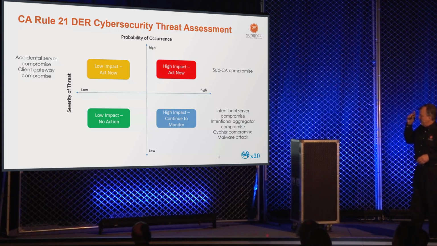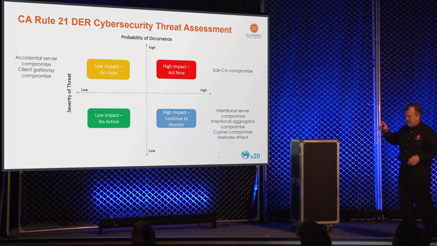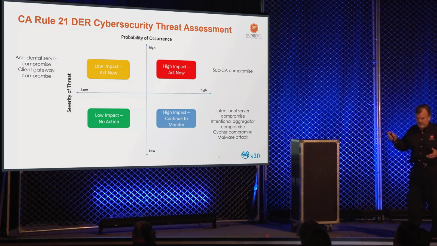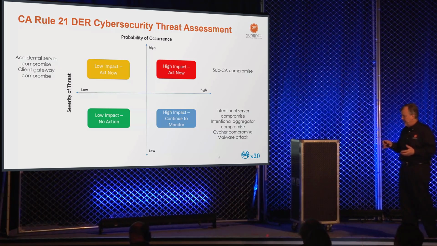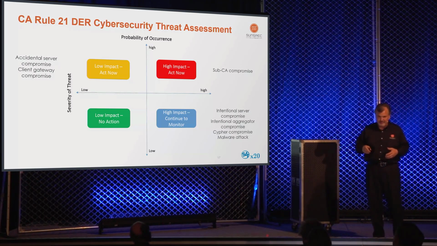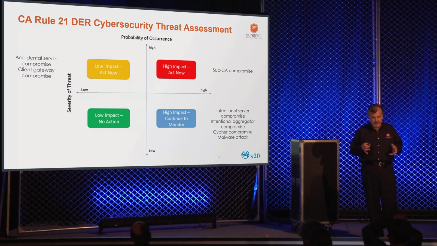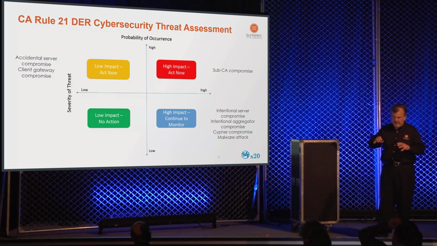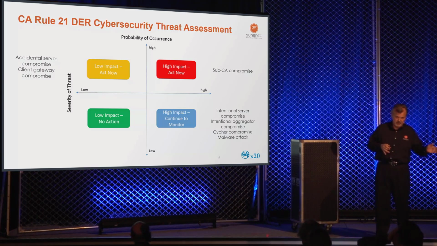On the other hand, we have things that are a high probability of occurrence. The severity of the threat is low, but it's time to clean up our act and keep our act in order. And that has to do with accidental compromise, things that could happen to a gateway device, or things that can happen as this IEEE 2030.5 protocol is terminated and goes into a field bus protocol at the local device.